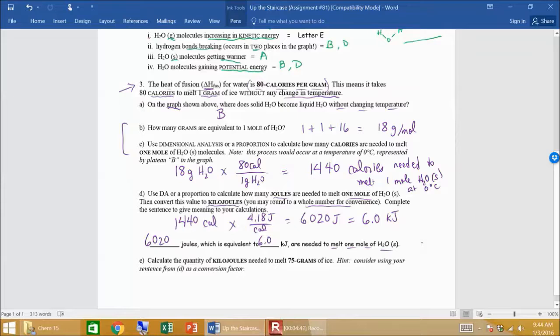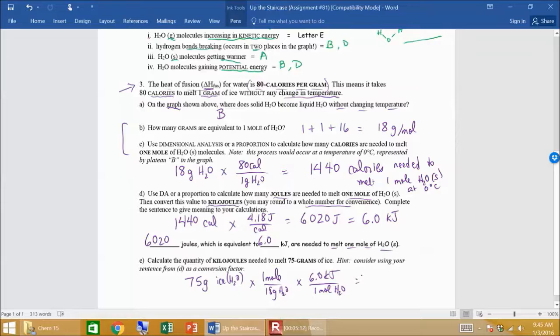And that's a nice conversion factor now. I've made a new one, which I can use in E. 75 grams of ice. I'll do it this way. That's H2O, right? Ice is H2O. 1 mole is 18 grams of H2O. I've just found that it takes 6.0 kilojoules for each mole of H2O.